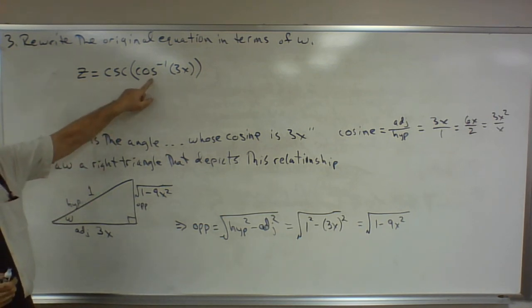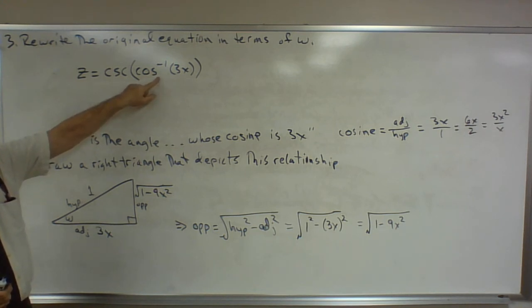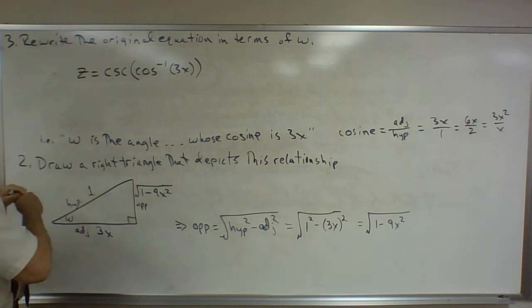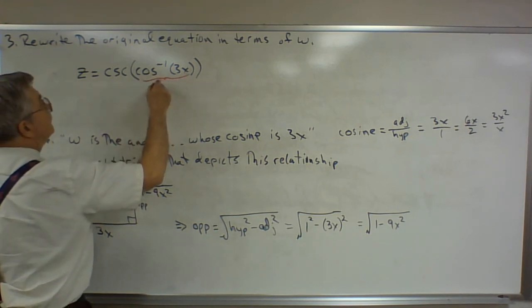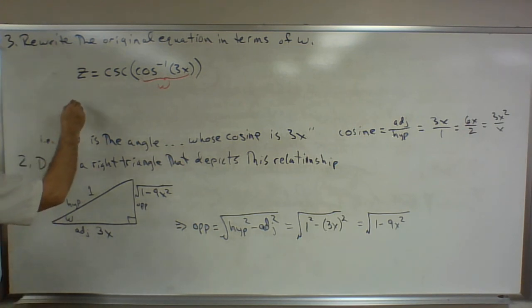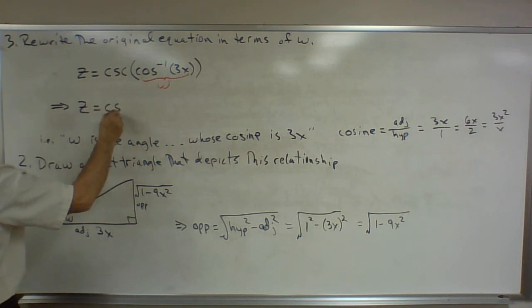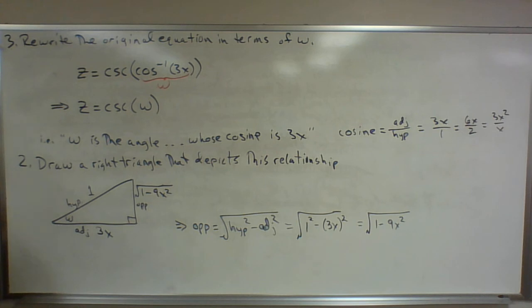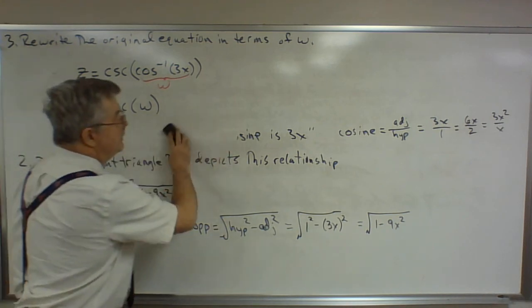We let w be the inner function. W was cosine inverse of 3x. So the original equation is z equals cosecant of w. Now we're looking good.